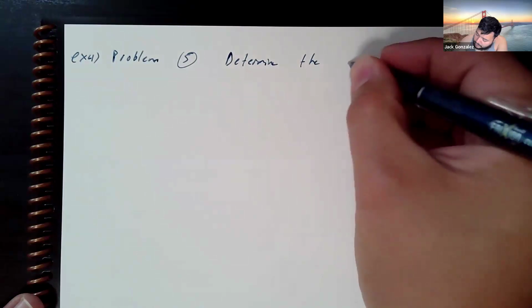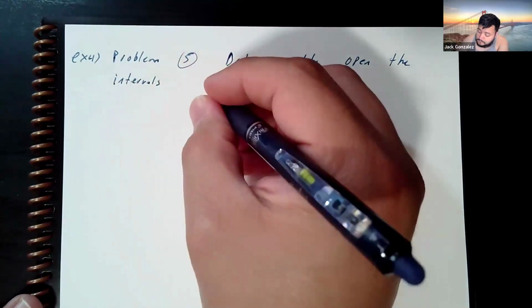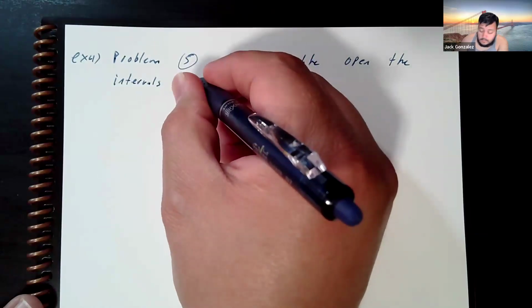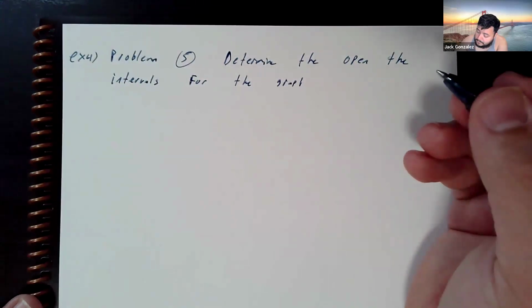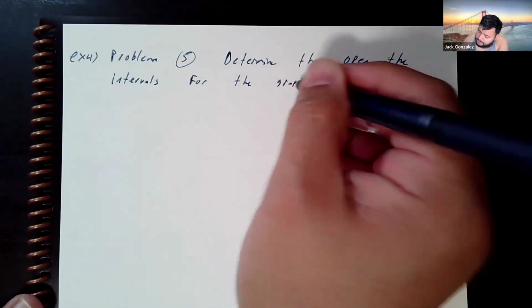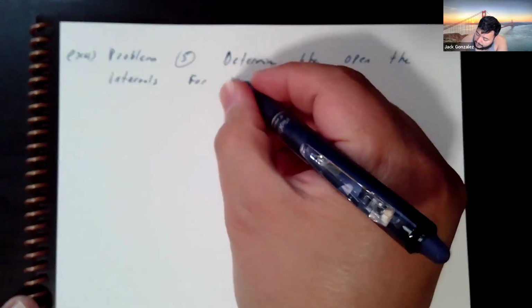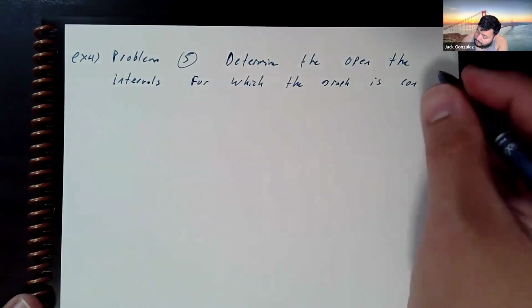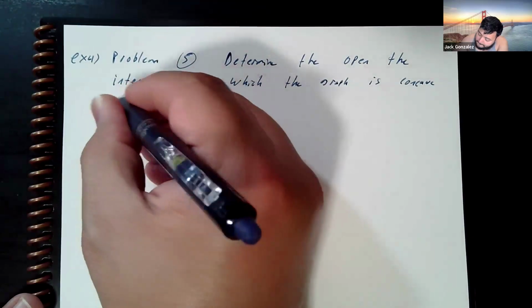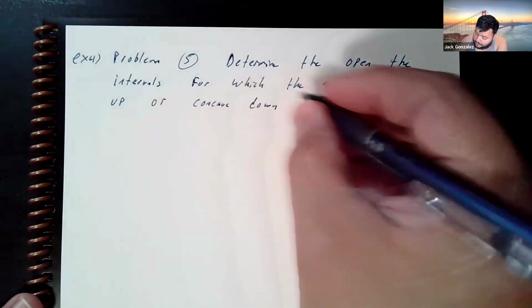Determine the open intervals for which the graph is concave up or down. Our function is right here.